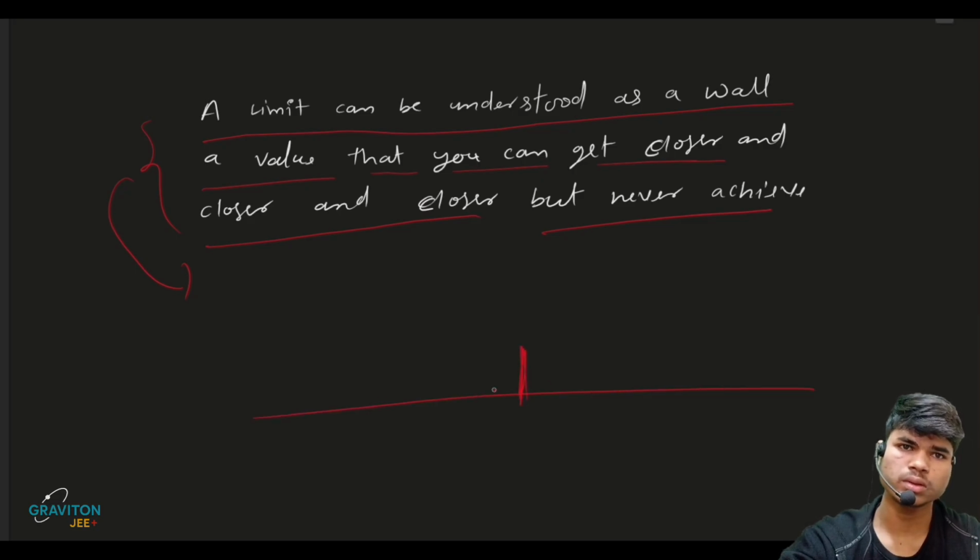There is a person continuously walking towards the wall, and this person is coming closer and closer, but never collides with this wall. Similarly, another person is walking from the right hand side towards the wall, coming closer to this wall but never colliding.